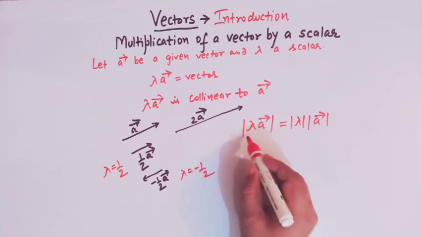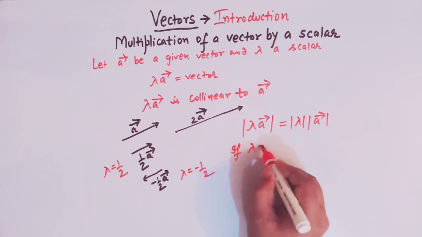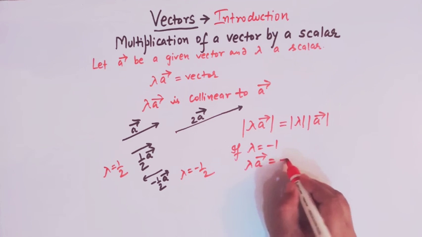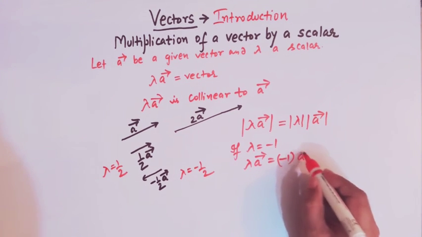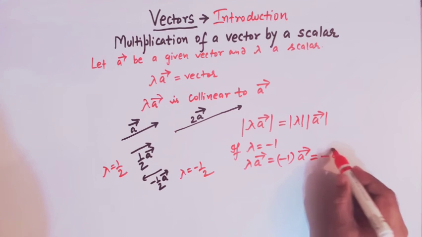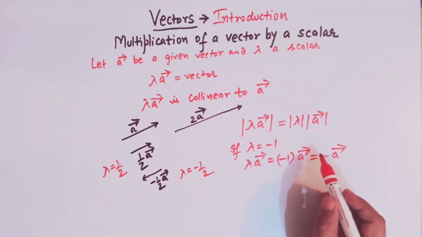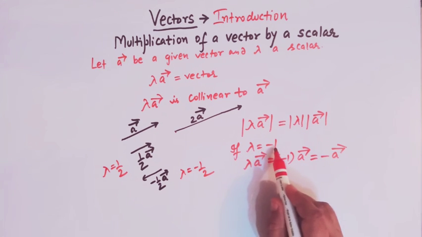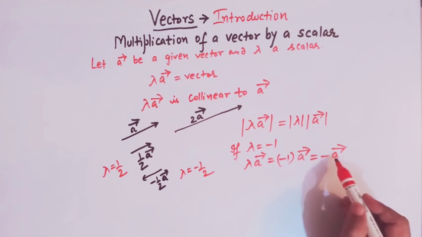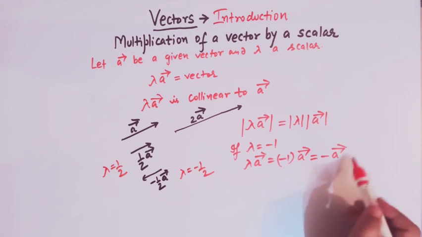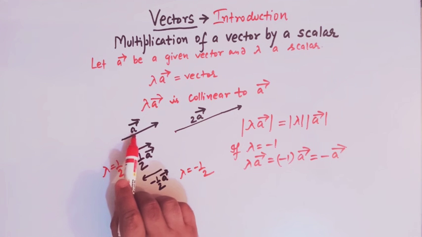Now here if lambda is say minus 1, then lambda times vector A becomes minus 1 times vector A, and that is equal to minus vector A, right? So here we see that when lambda is equal to minus 1, then lambda times vector A is equal to minus of vector A. And here the direction of this vector is opposite to the direction of this vector.